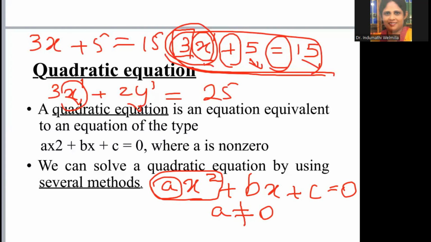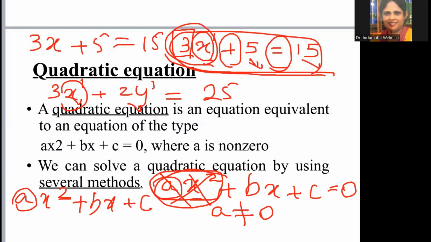Therefore, if it is a quadratic function, there should be a variable with a square. So if a is equal to 0, that type of variable becomes 0. Therefore, when we write the standard form of the quadratic equation, we write ax squared plus bx plus c, and we also have to mention that a should not be equal to 0.